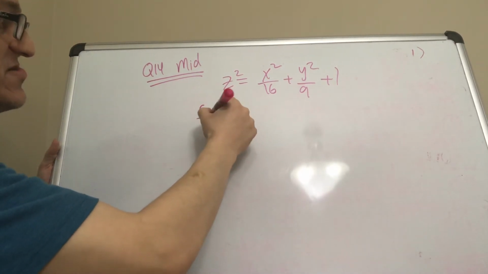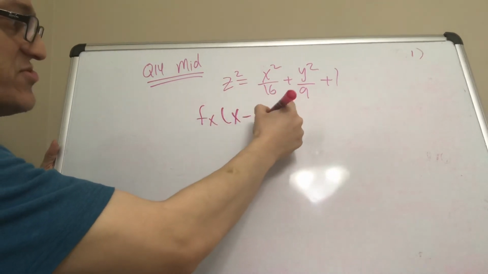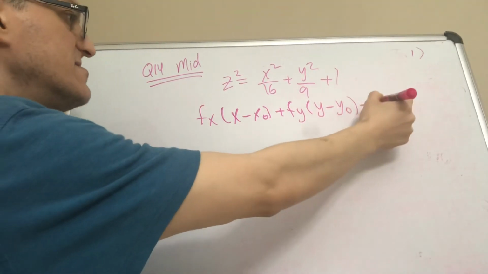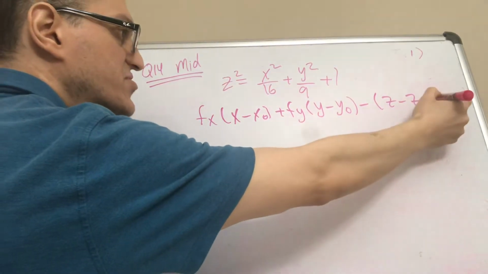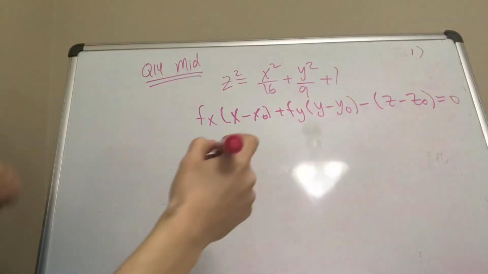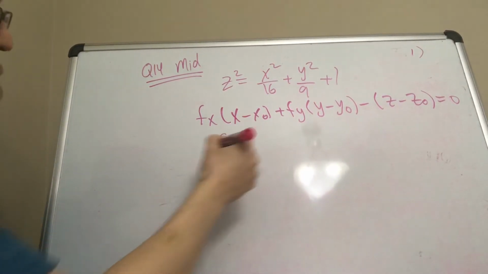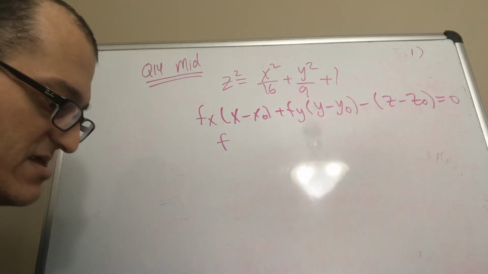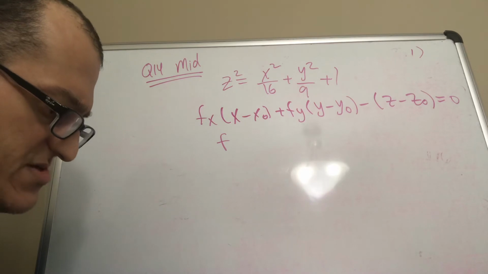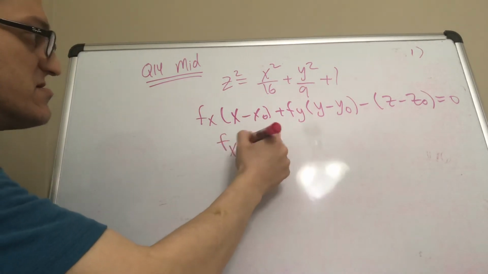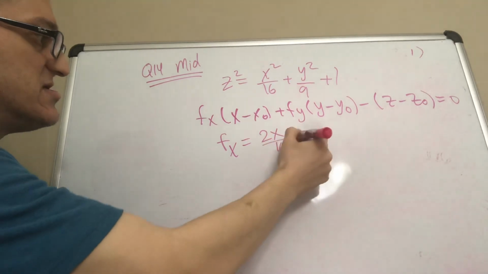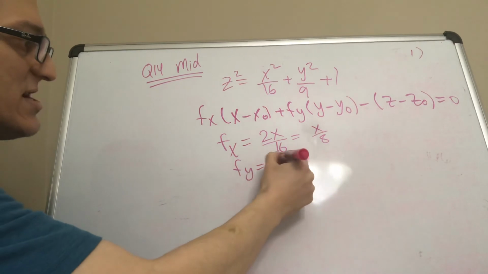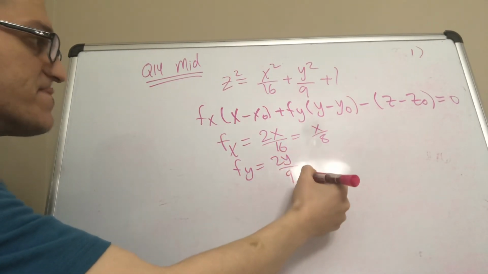So you need the derivative with respect to x times x minus the point, plus derivative with respect to y times y minus the point, and z minus the point equals 0. So you find the derivative with respect to x first. Now, the derivative with respect to x for this would be 2x over 16, which is x over 8. With respect to y would be 2y over 9.